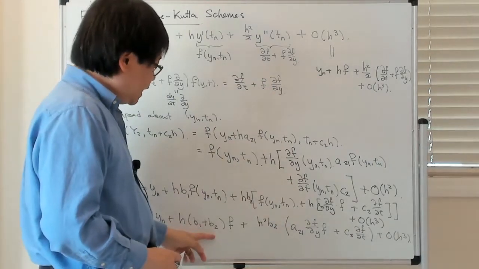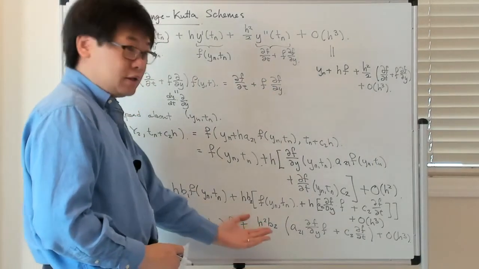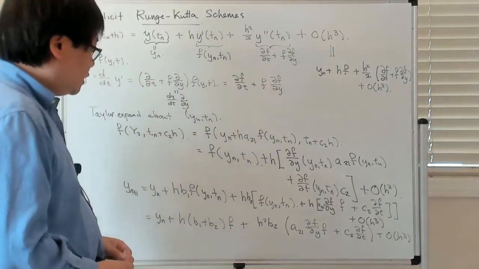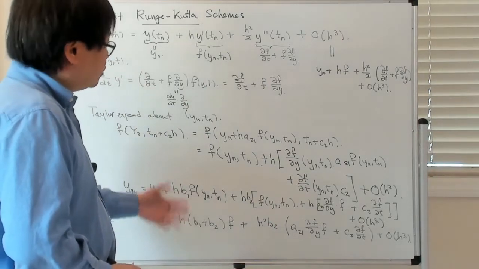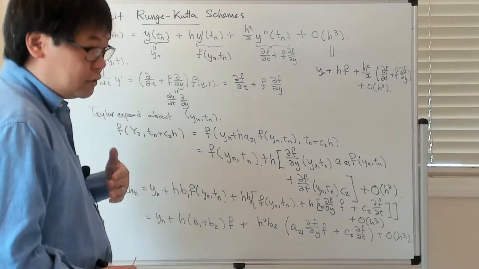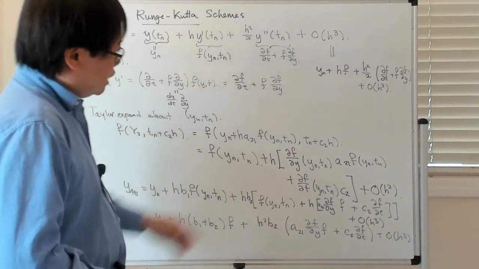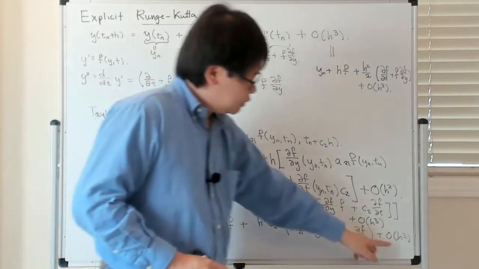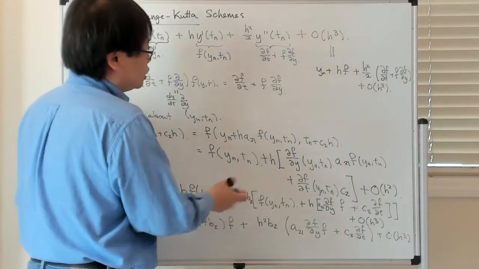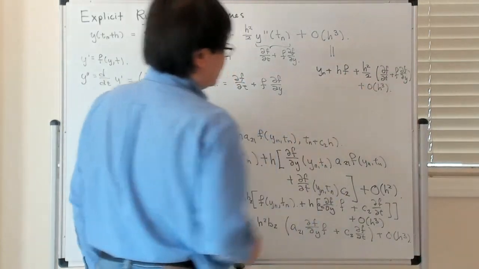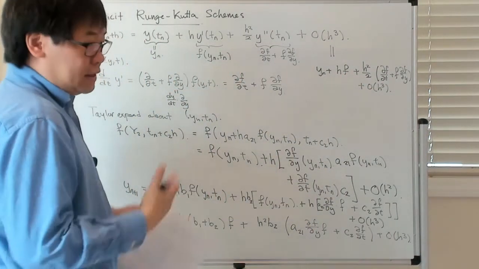Now I'm at a stage where I can compare the Taylor expansion of the exact solution with the Taylor expansion of the numerical approximation, which comes from the explicit two-stage Runge-Kutta method. If you want this to be second order accurate, which is to say that the mismatch between these two only occurs at order h cubed, then you have to equate the coefficients of these f's, df/dt's, and so on.